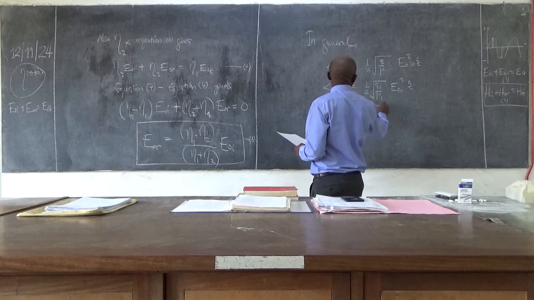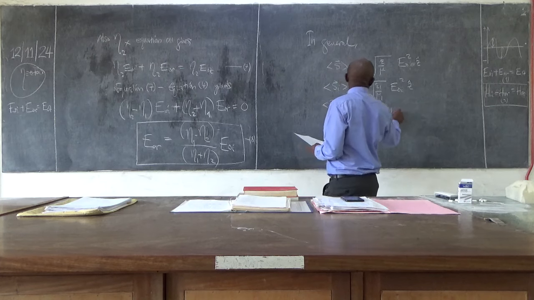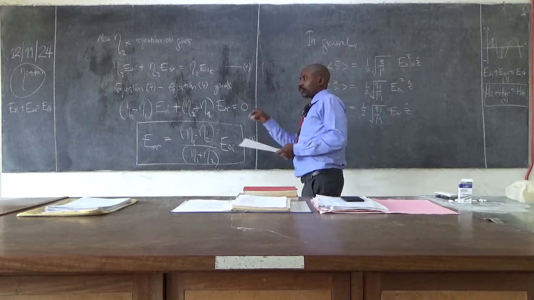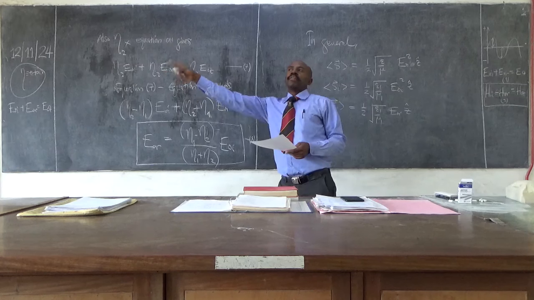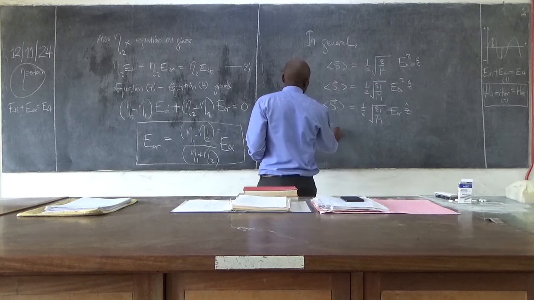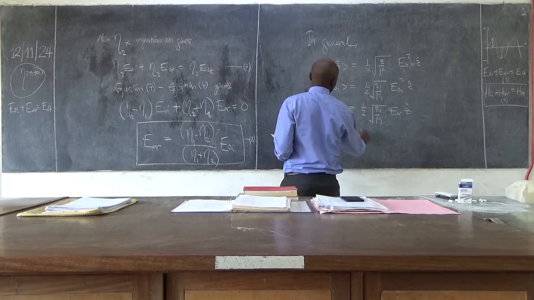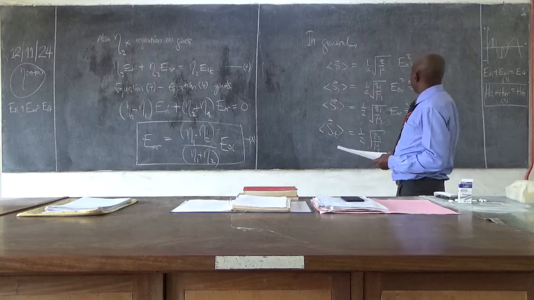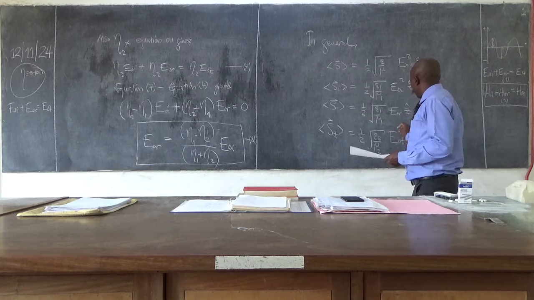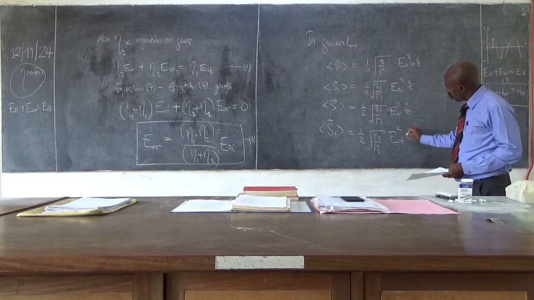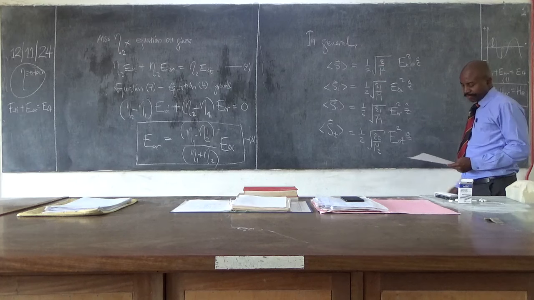The reflected one will be a half, we are still in medium 1, E naught R squared along the negative z, because it is propagating the other way. Then the transmitted one will be a half. This is across to the other medium, so it will be root epsilon 2 over mu 2 E naught T squared, along the z.